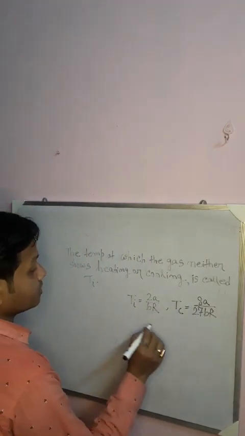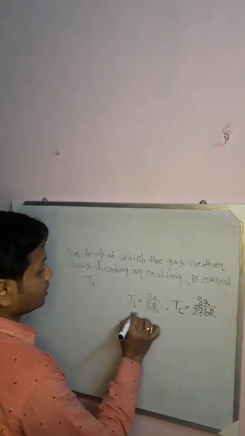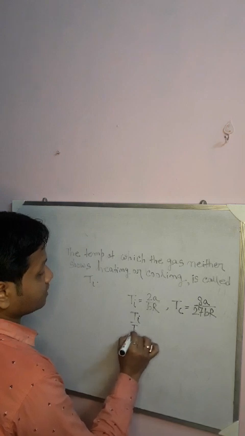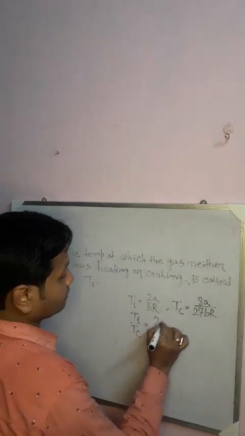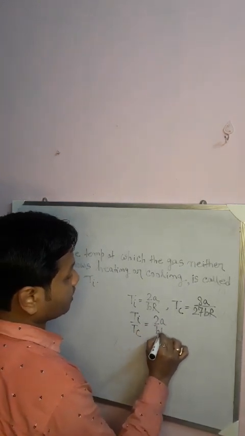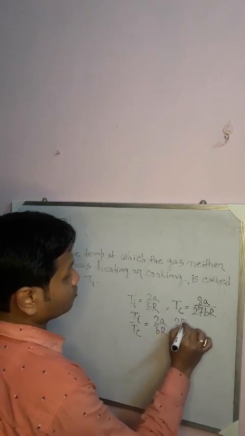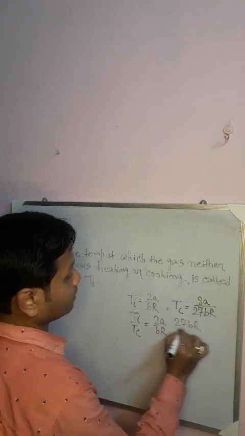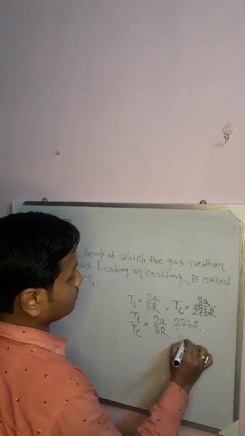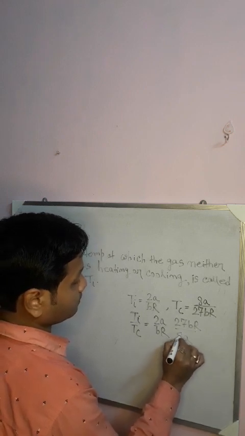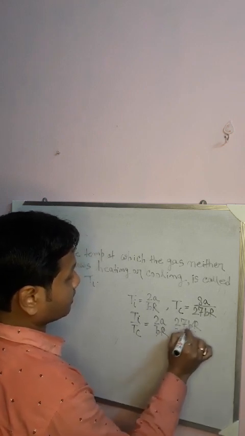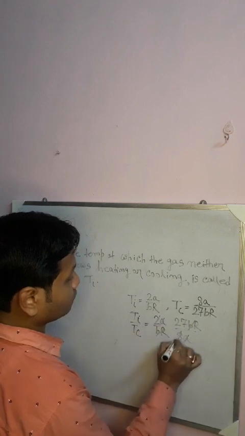So if we divide, Ti by Tc is simply 2a by bR, and this goes 27bR over 8a. So bR cancels, a cancels, and this goes 4.